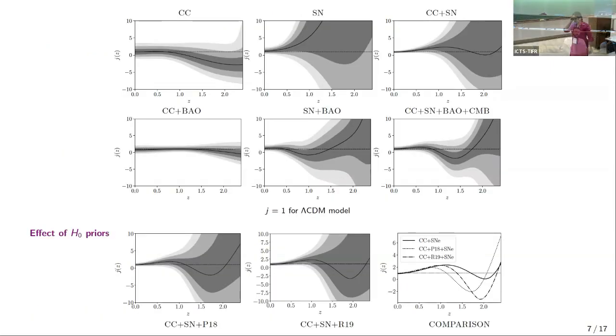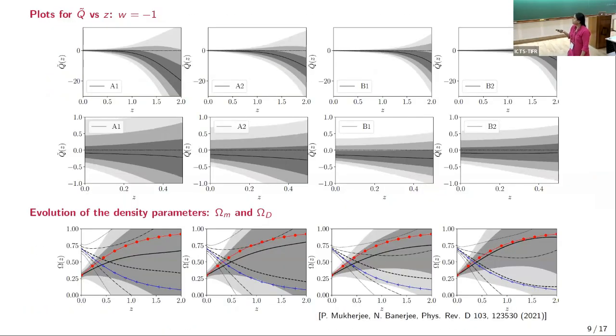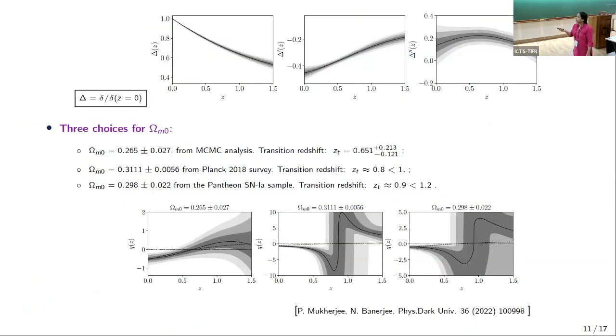We observed that when we take a Planck prior, it favors a phantom non-phantom equation of state, and when we work with the Riess prior, the best fit curve shows a dip from the w equals -1 line, but that is always included within 1 sigma. This is a signature we observe for the equation of state too when working with the RSD data. Basically, the Lambda CDM model is not ruled out within 1 sigma, not for the very late times.